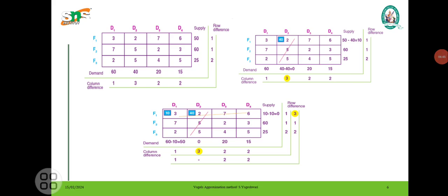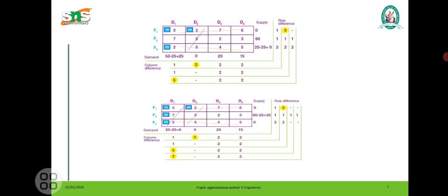Now the highest row difference and column difference is 3, so we choose the first row. We allocate 10 to the first value and strike out the first column.